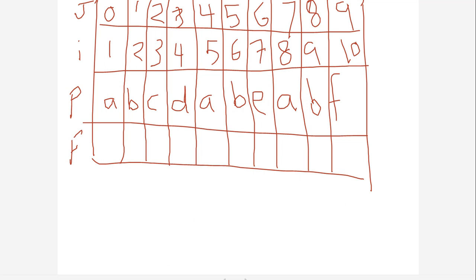Now start with the first letter A, 0, B.